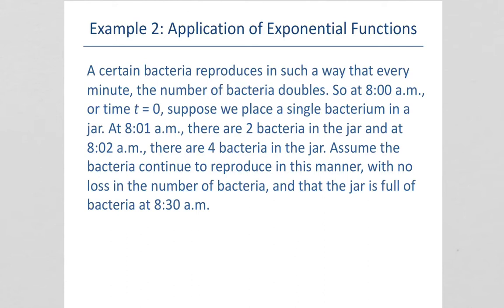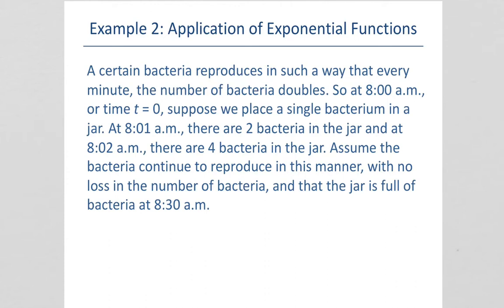A certain bacteria reproduces in such a way that every minute the number of bacteria doubles. So at 8 a.m., or time t0, suppose we place a single bacterium in a jar. At 8:01, there's 2 bacteria. At 8:02, there's 4.